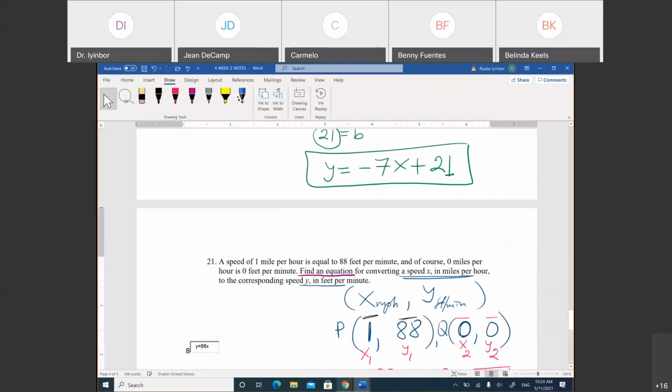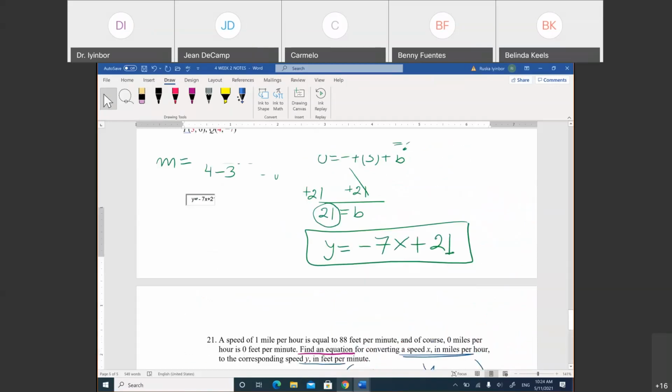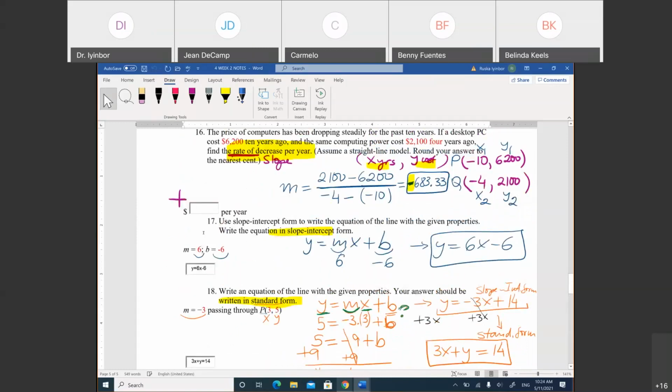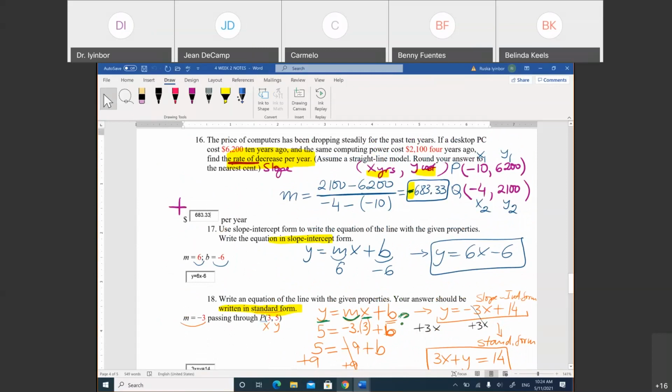So you found the slope is negative, but in the question they specified that the rate is decreasing per year.